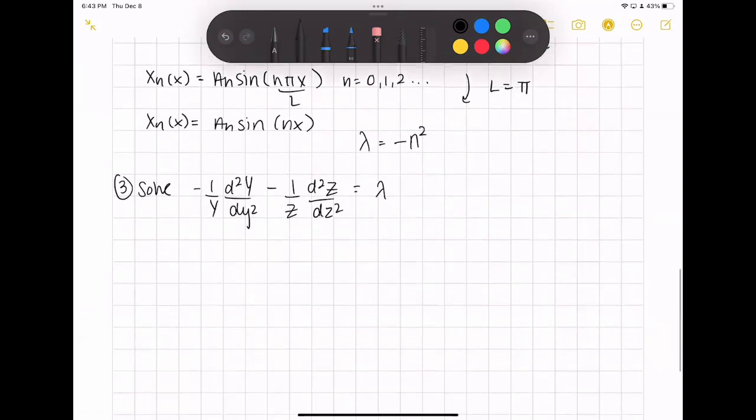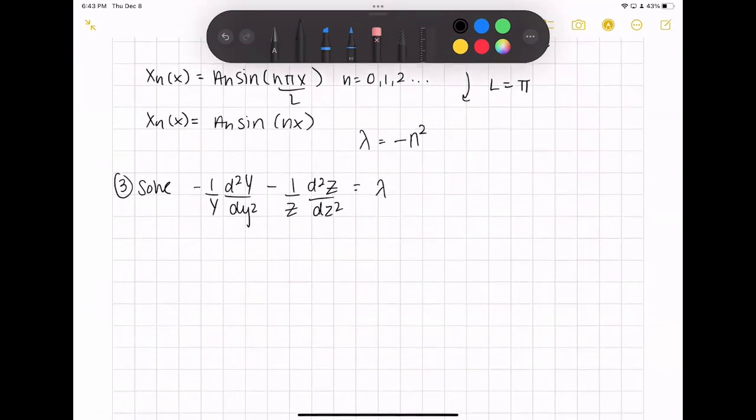But here, because we still have a function of two different things, we're going to want to isolate for y first. You could isolate for z first, but I chose to isolate for y first. So we're going to write y on our left-hand side and then bring the z term over to the right.